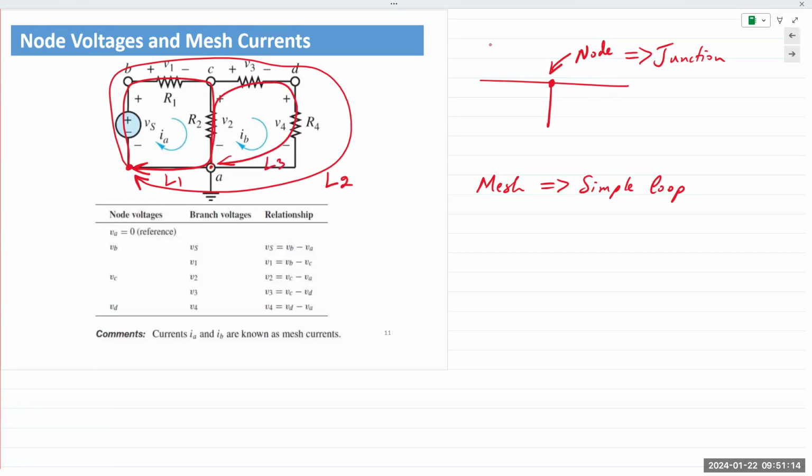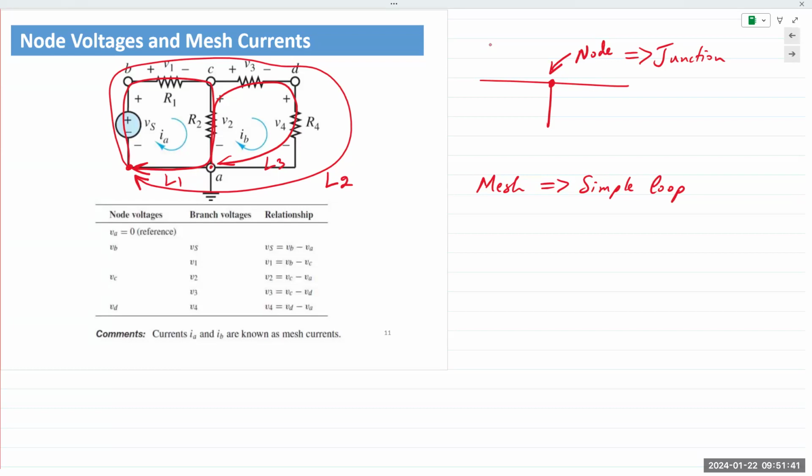But let's not focus on that for now. Look at loops one and two. What can we say about loop one and loop two? I can say loop two is bigger and it encompasses loop one inside it. So loop one is sitting inside loop two, so to speak. Does that make sense to everyone?